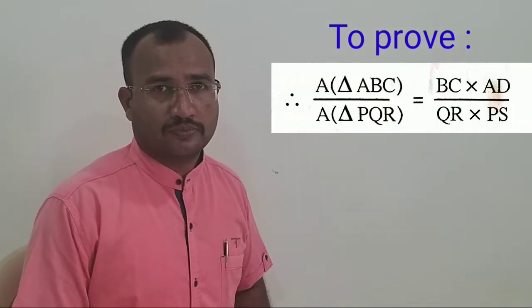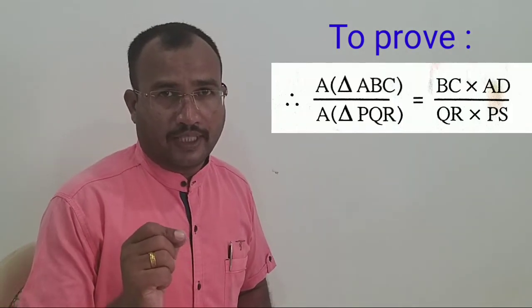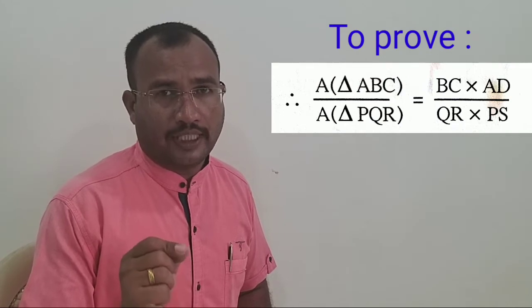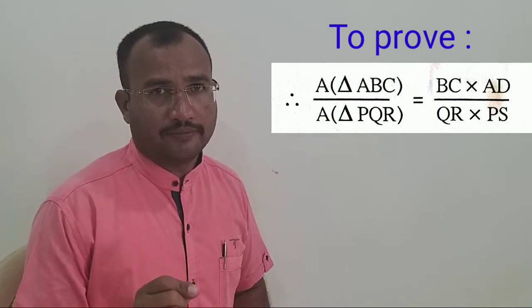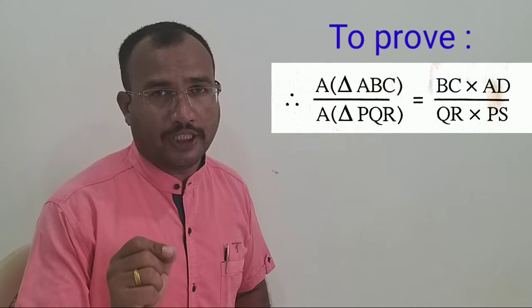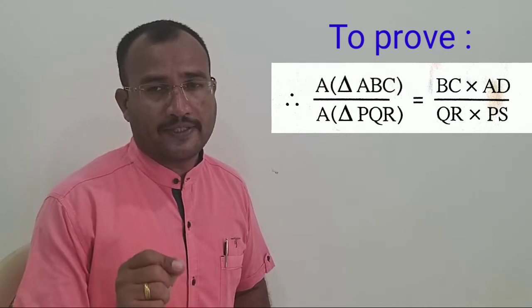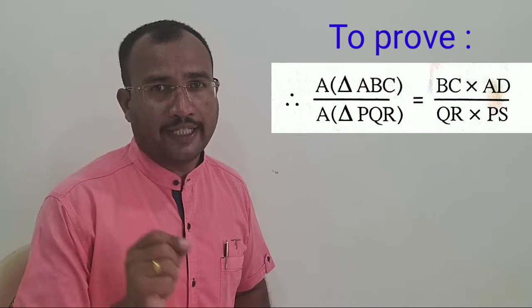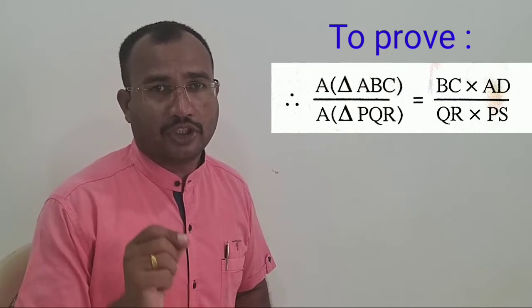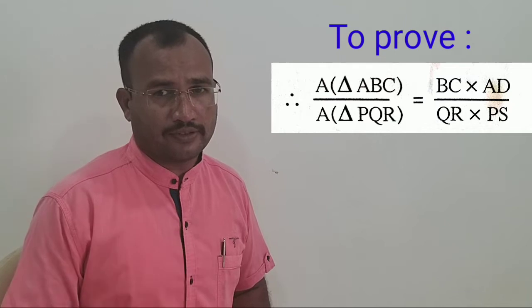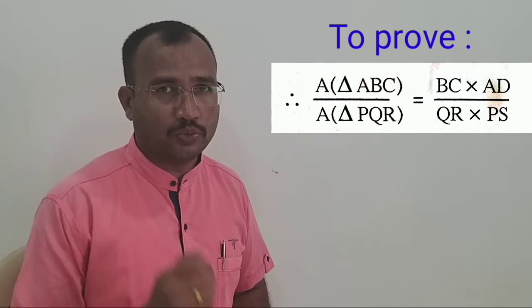After that, we write to prove. Area of triangle ABC divided by area of triangle PQR is equal to BC into AD divided by QR into PS. That is our to prove.